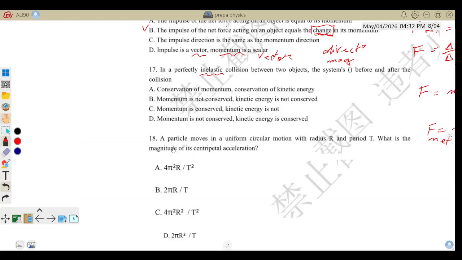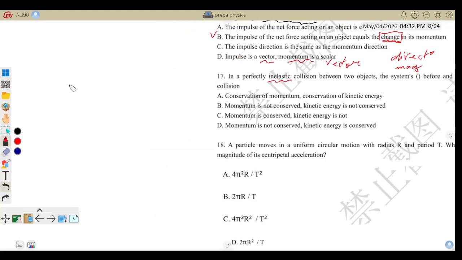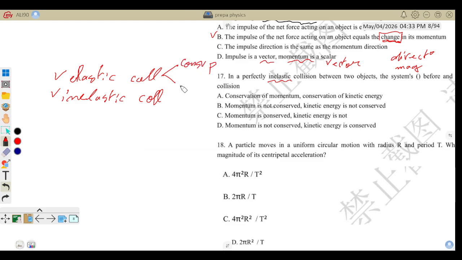We have some specific cases for elastic collision and inelastic collision. For the elastic one, we have conservation of momentum and conservation of kinetic energy.